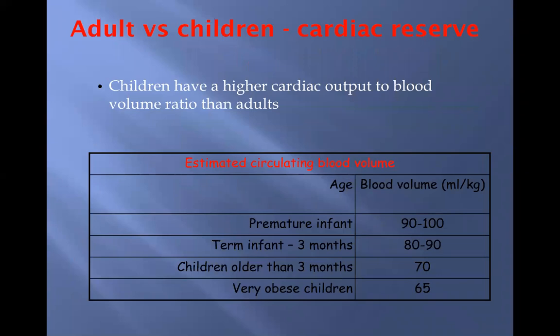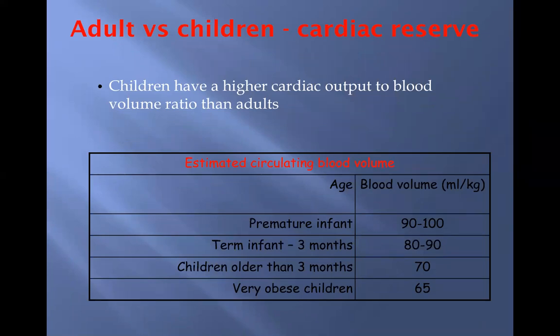And here, regarding the cardiac reserve, the amount of blood, that is to say, the intravascular compartment in relation to the extracellular compartment: children have a higher cardiac output to blood volume ratio than adults.